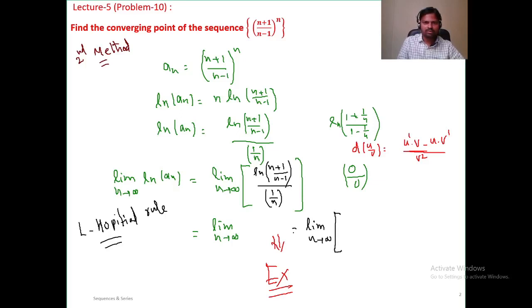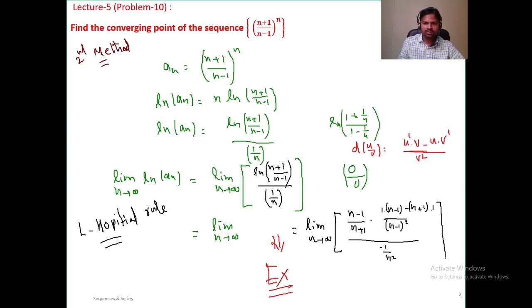So limit n tends to infinity. Apply the numerator derivative. It will be ln of n minus 1 by n plus 1. The derivative of ln x is 1 by x, so it becomes the reciprocal of this, into its derivative: n minus 1 whole square, and numerator derivative n plus 1 derivative is 1 and denominator n minus 1 as it is, minus numerator n plus 1 as it is and denominator n minus 1 derivative is 1, whole divided by denominator derivative, minus 1 by n square.